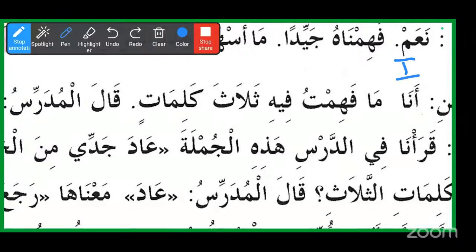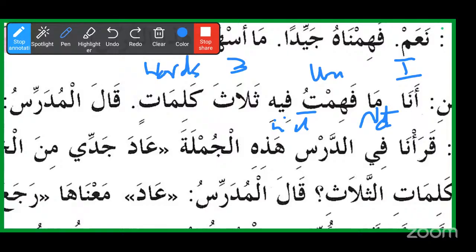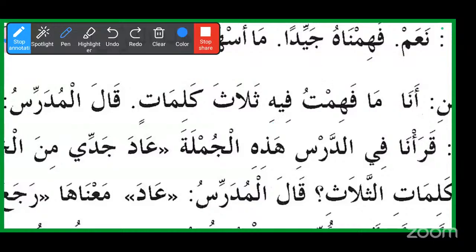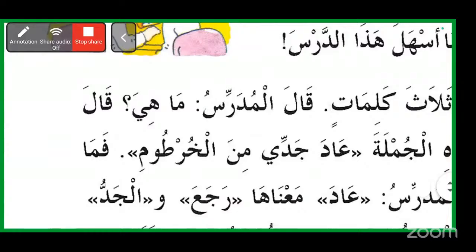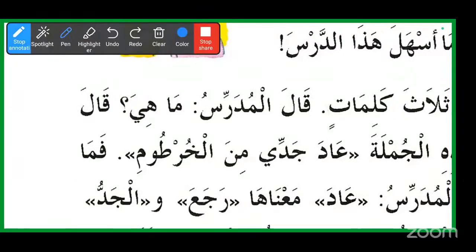Ana means I, ma means not, fahimtu means understand, fihi means in it, thalatha means three, kalimat means words. Ana ma fahimtu fihi thalatha kalimatin. I did not understand in it three words. Thalatha kalimatin, again, adad ma'dud. قال المدرس. The teacher says ما هي.